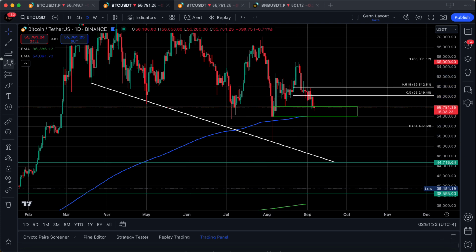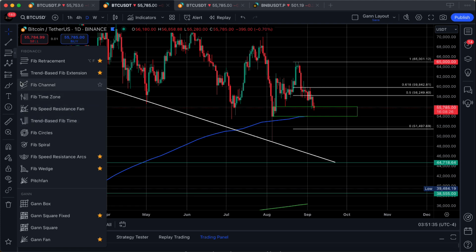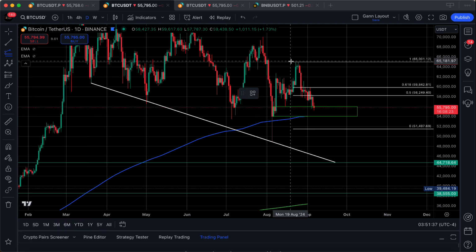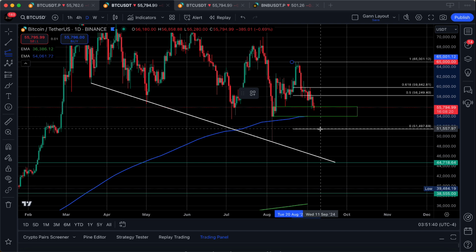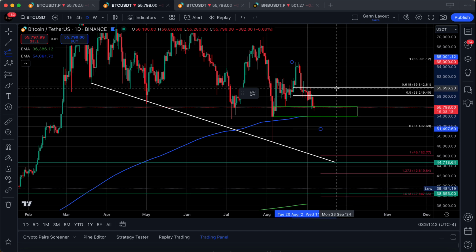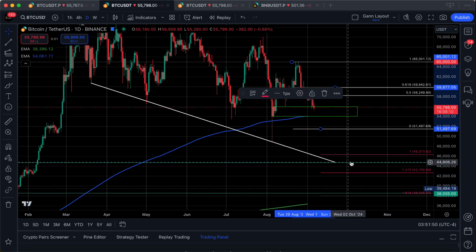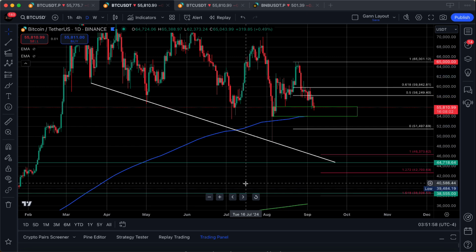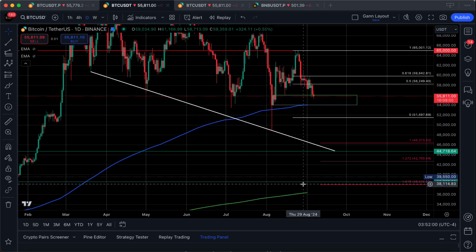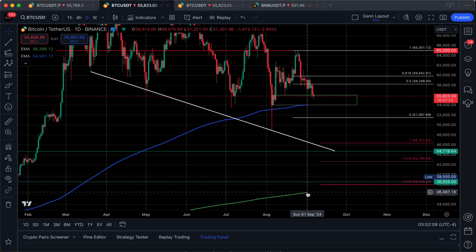In that case, we will need to revise the targets for wave B and C, and we will get a lot lower targets because the B wave max will be at around 60K, and then we can expect at the best case scenario, really the best case scenario, 45, but it could go lower, it could go to 43, and in an extreme flash, it could go even lower to around 38K, which is in line with the 200-week EMA.